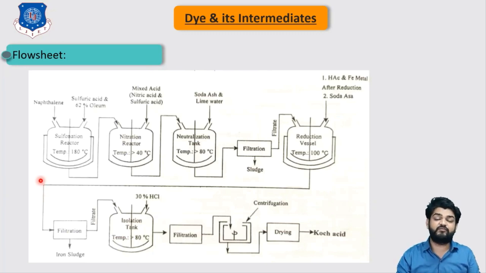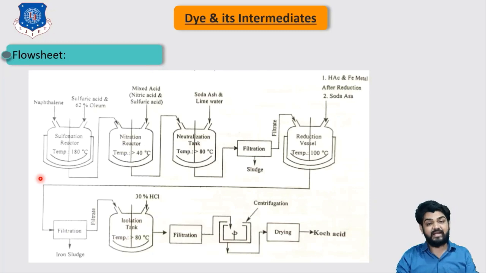In this sulfonating reaction, we are adding our naphthalene, and we are also adding sulfuric acid and 62% concentrated oleum. This reaction has to be carried out in a cast iron vessel in order to reduce the corrosion effect of the sulfuric acid and oleum. We also have to use one agitator.